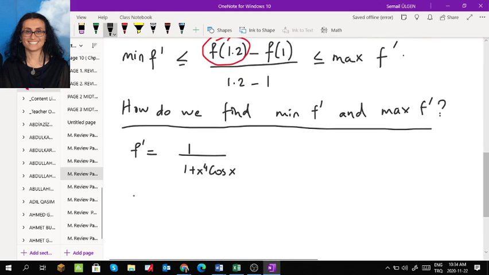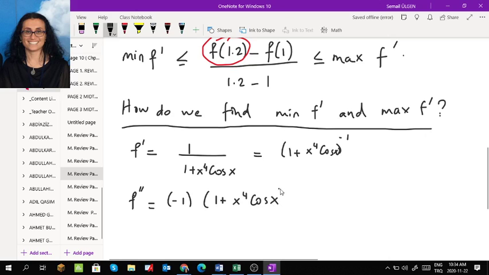If the slope is negative, it's decreasing. If it is positive, it is increasing. You can look at this as 1 plus x to the 4 cosine x raised to the power negative 1. So we have negative 1. This is the power chain rule: decrease the power by 1, times the derivative of the inside, 4x cubed cosine x, product rule, minus x to the 4 sine x.